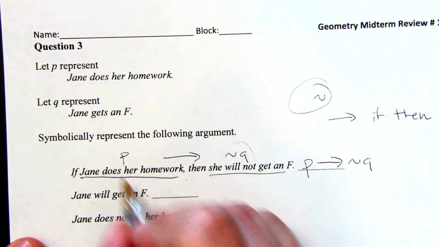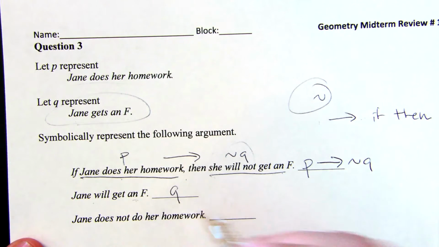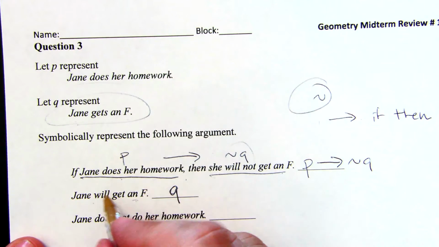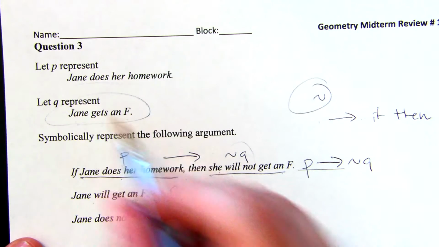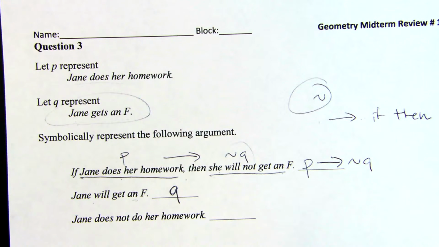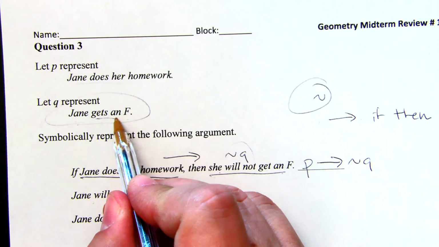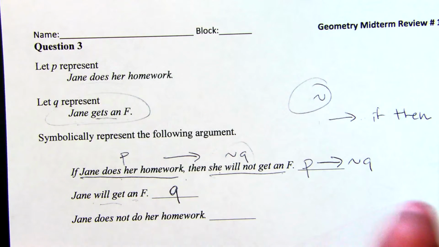Jane will get an F. That's our Q. The things with she or Jane, that's the same. Those things don't make any difference to which proposition we're dealing with, P or Q. Also, it says gets an F here, and here it says will get an F. Those kinds of things, tense, they don't make any difference to what we're talking about.